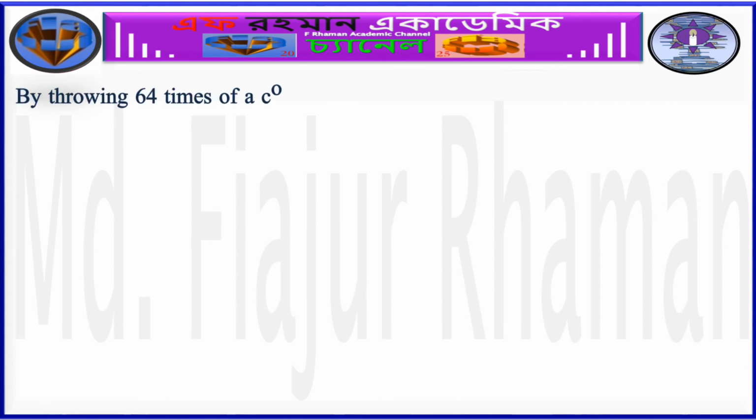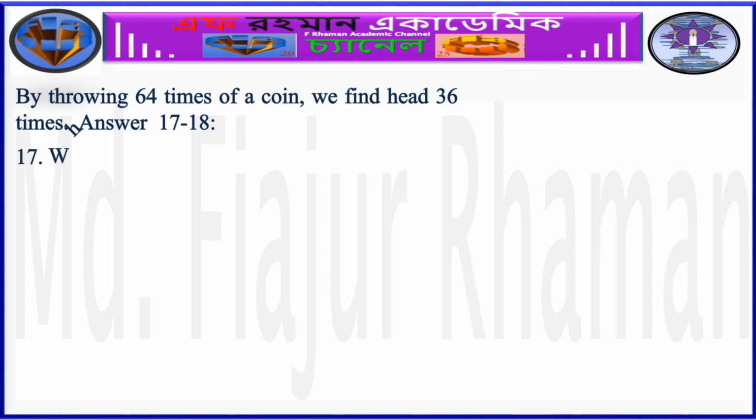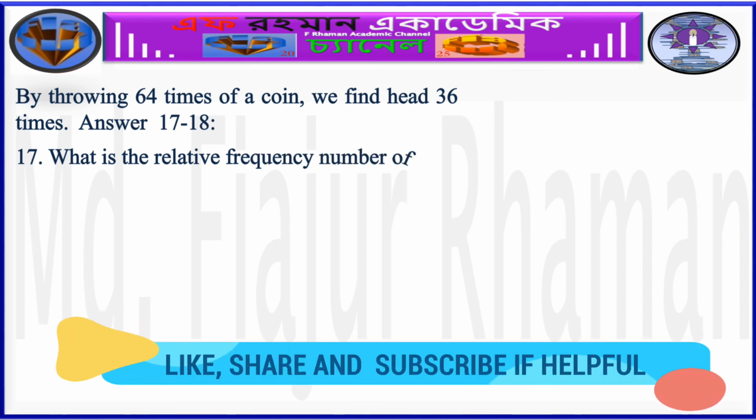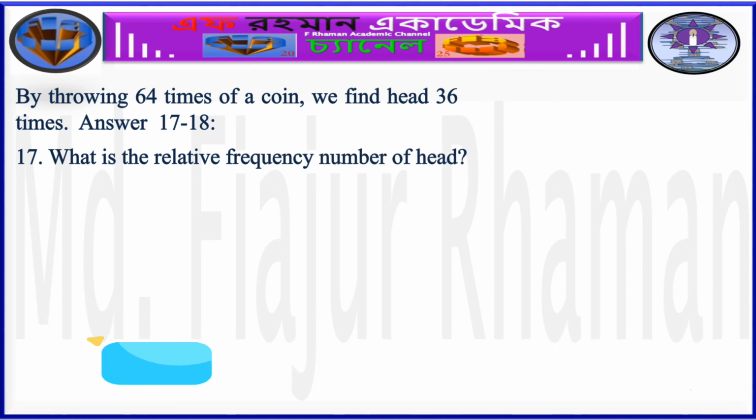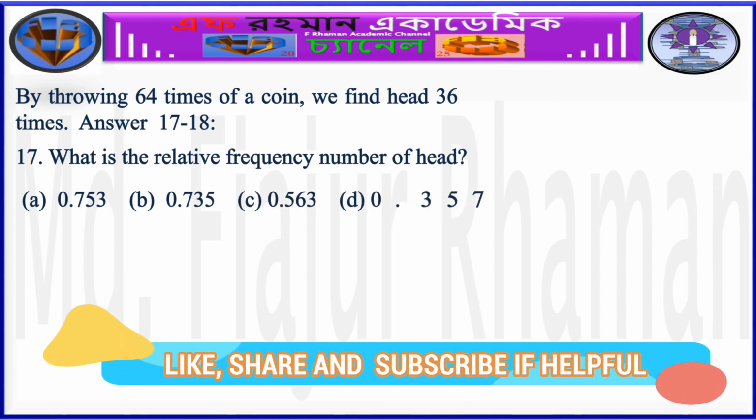By throwing 64 times of a coin, we find head 36 times. Answer 17 to 18. MCQ 17. What is the relative frequency number of head? Let us find out the correct answer.